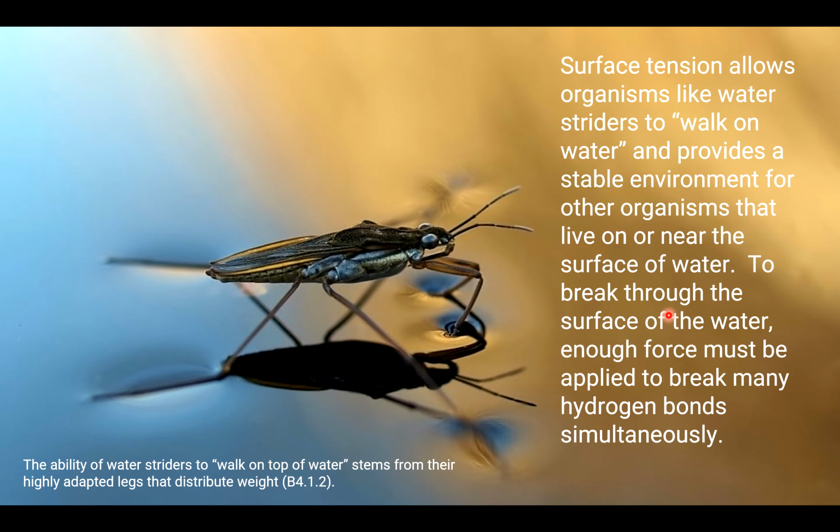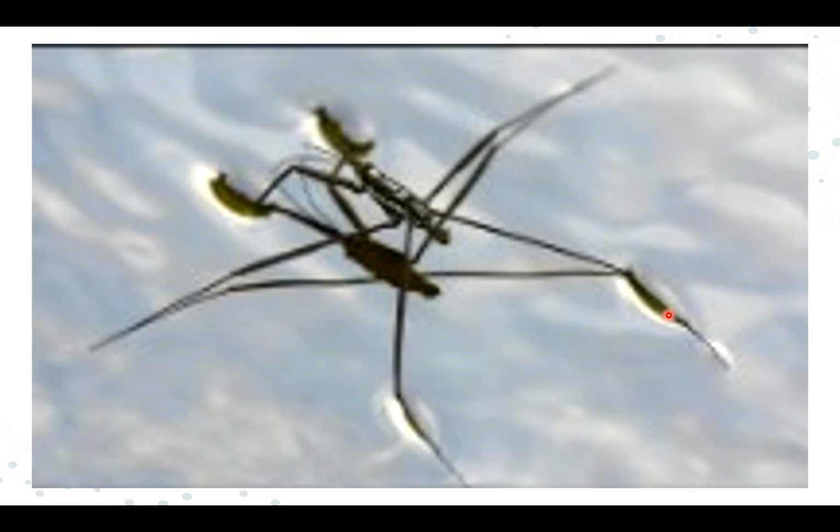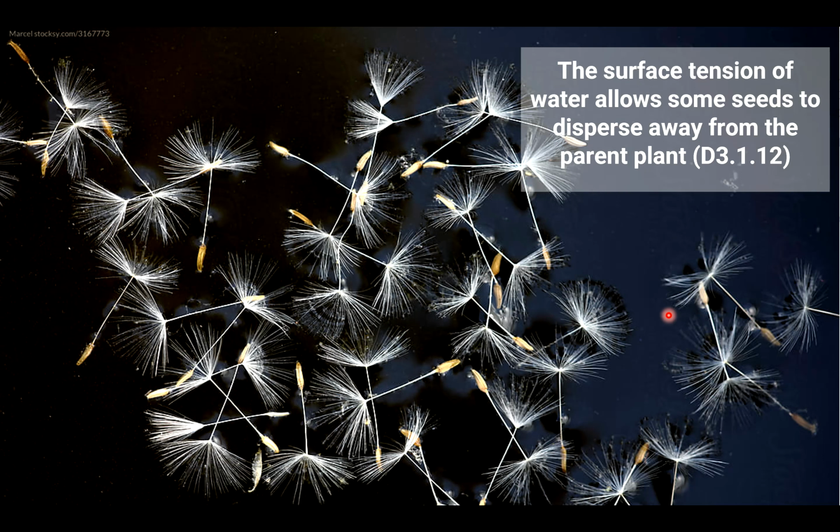So water is strong. This shows a water strider sitting on the water. The surface tension of water also allows some seeds to get dispersed from the parent body. That is also a function you can see.